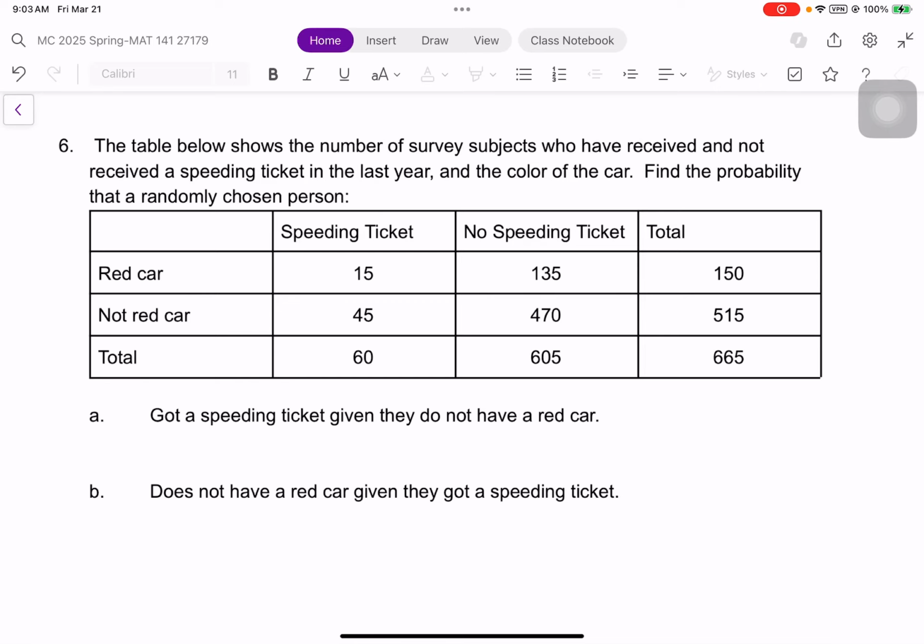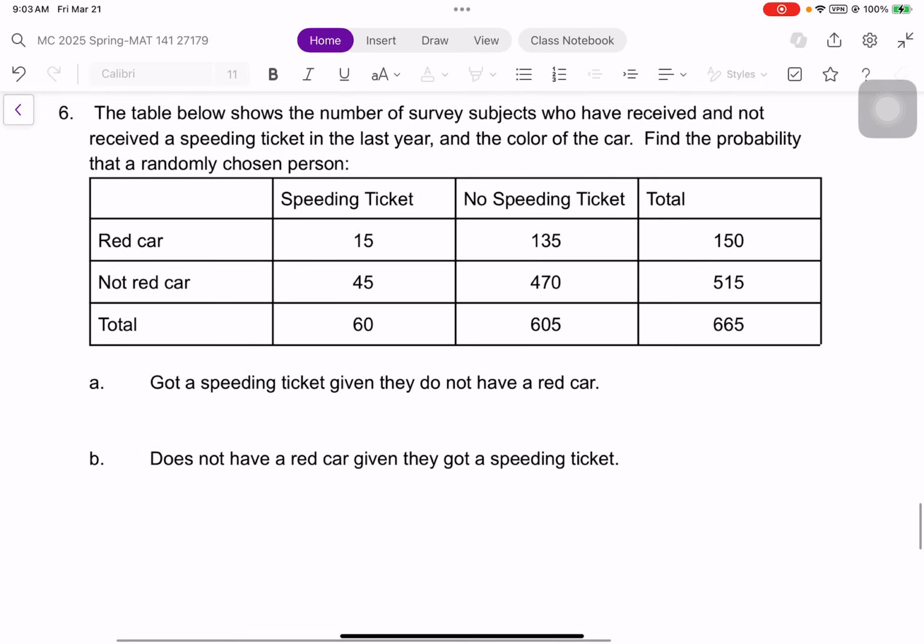All right, I wanted to make you a video on conditional probability. This is actually question 6 on your review, and I thought it might help you make sense of what's going on.